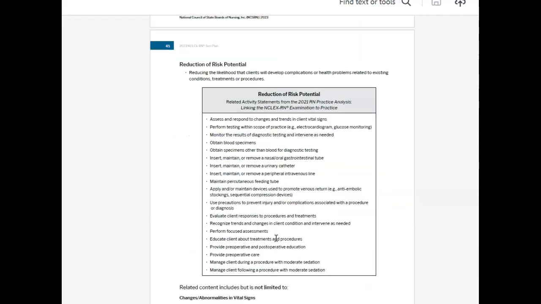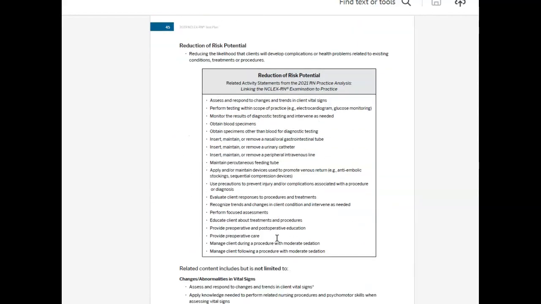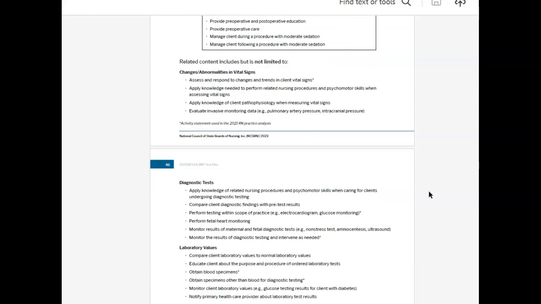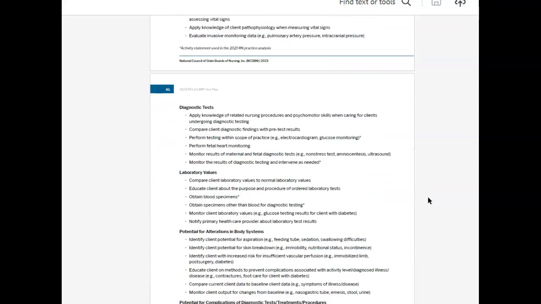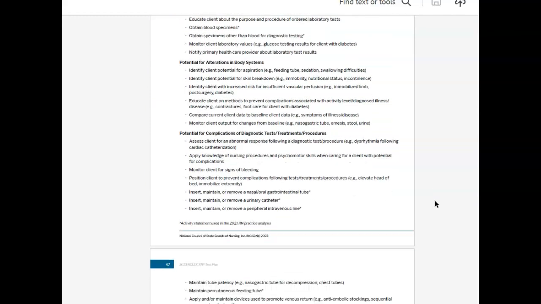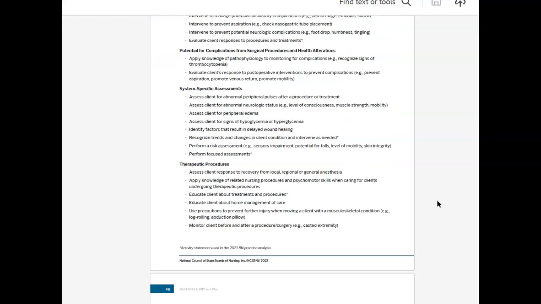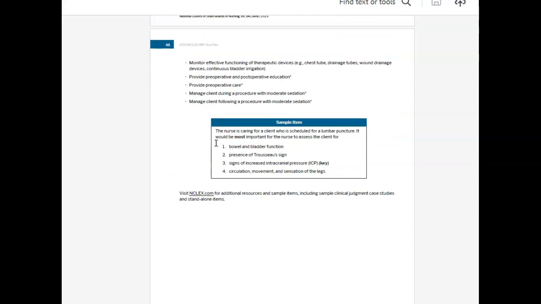Then we have reduction of risk potential. And so this is just reducing, kind of planning ahead and doing things to prevent illness or injury, and to identify changes that would indicate illness or injury, potential complications, all of that kind of thing. Therapeutic procedures. So then the sample item, it has the nurse is caring for a client who is scheduled for a lumbar puncture.